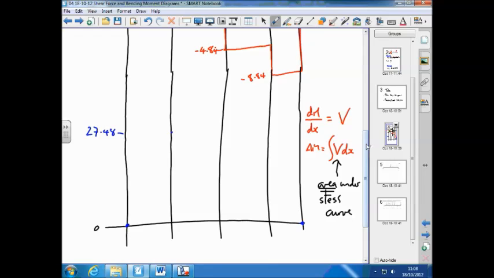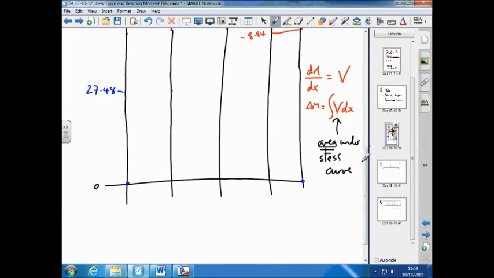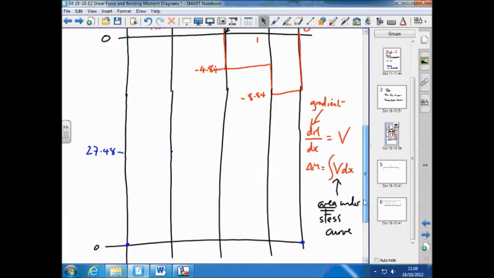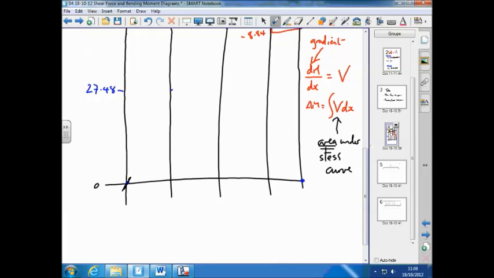And then we say to ourselves, what is the gradient of this curve, dM by dx? This is the gradient, and that equals V. So what is the gradient of this curve? It's positive 9.16. So that means this line is going up at positive 9.16 that way.